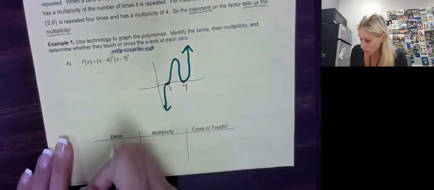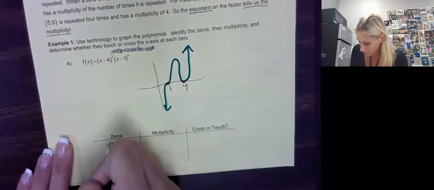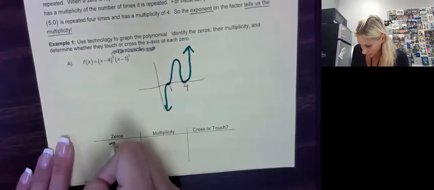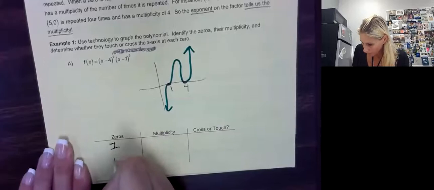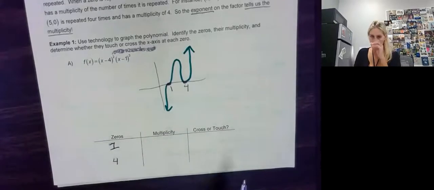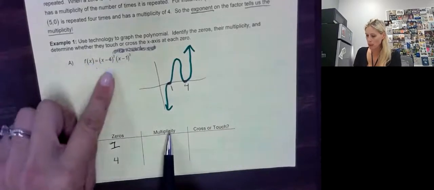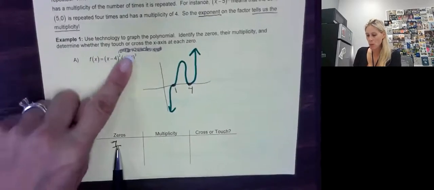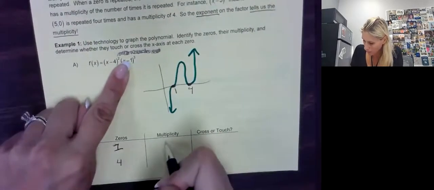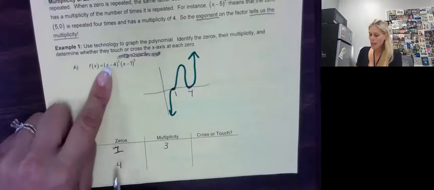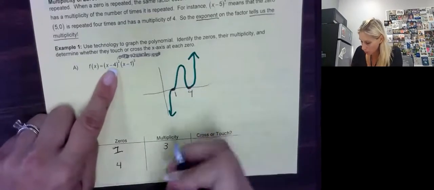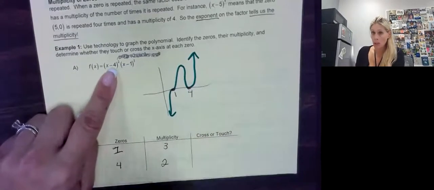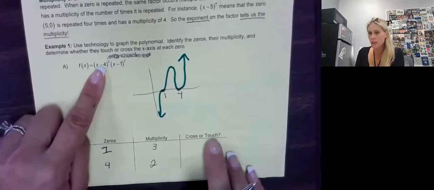So of course, our zeros are 1 and 4. Now remember, multiplicity comes from the exponent. So the exponent for the 1 value would be 3. And the exponent for the 4 value would be 2. And we're going to discover this right now. Cross or touch.